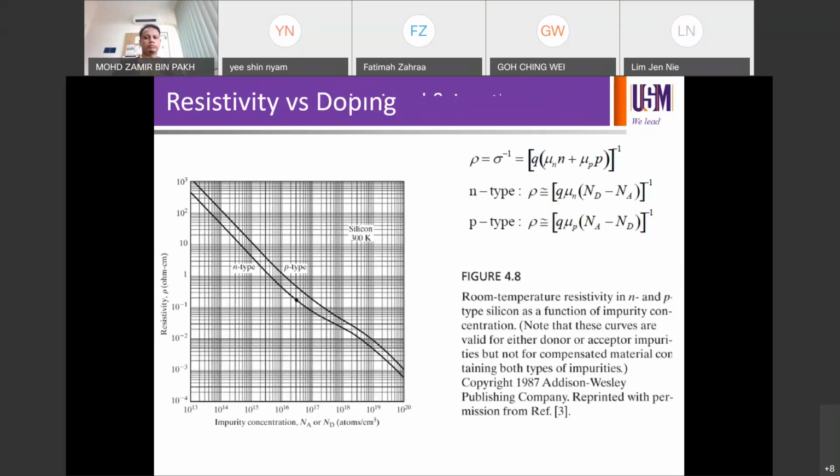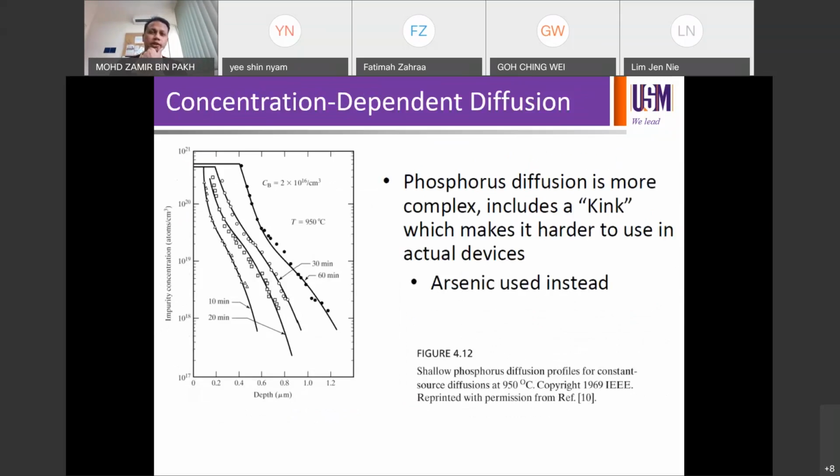Right. So yesterday we discussed a little bit on the characterization of the wafers after the diffusion process. When you do fabrication, after every single step, you need to characterize the results. So you need to know what you get after the process.